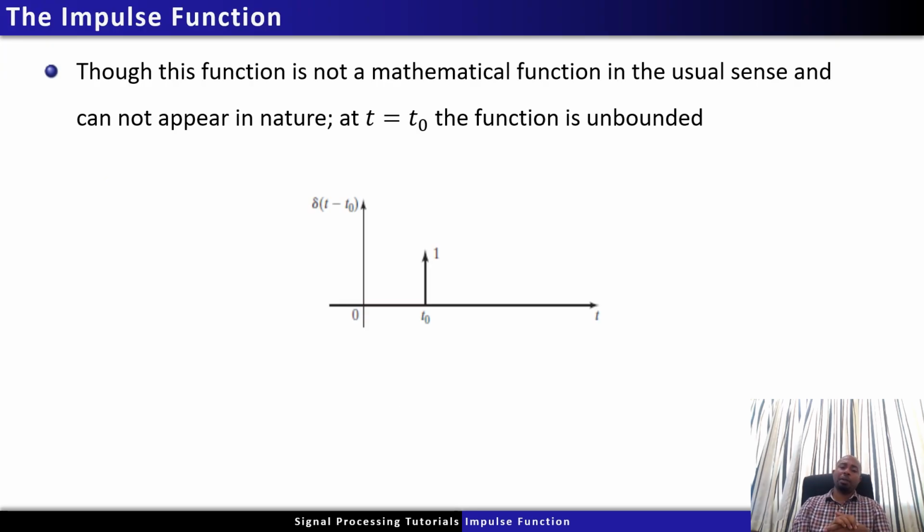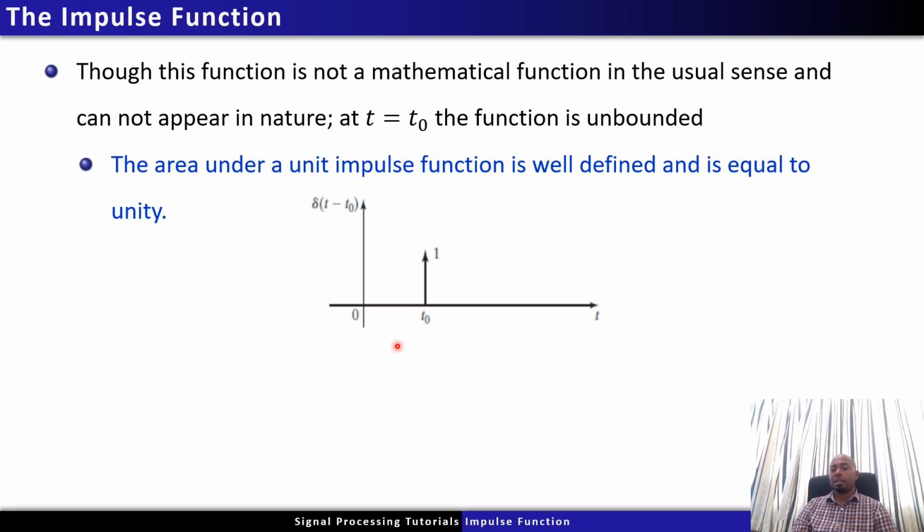This function is not a mathematical function in the usual sense. However, engineers and scientists have found great use for it. It does not appear in nature because the function itself is unbounded at the moment t is equal to t naught. When t is equal to t naught, the function is unbounded, making it not defined like other usual mathematical functions.